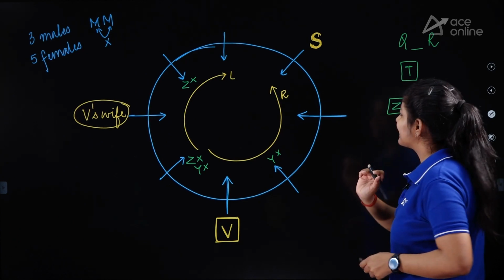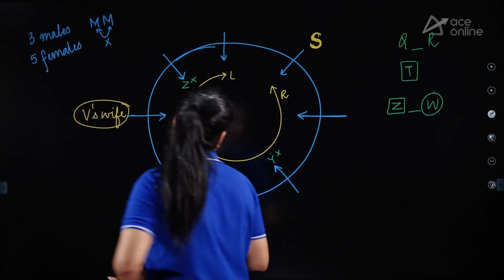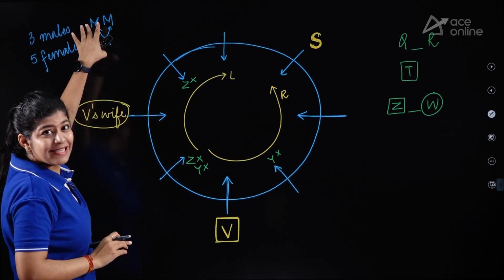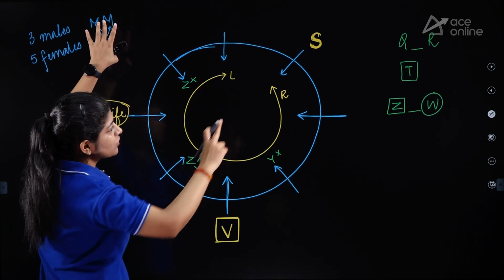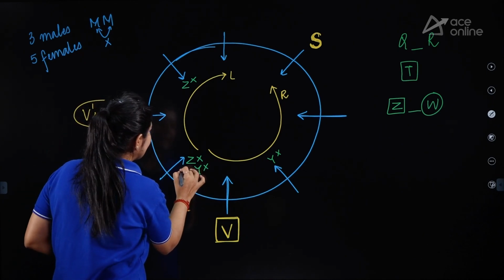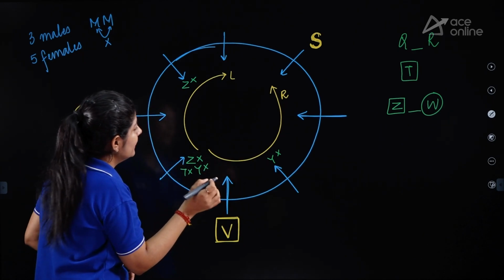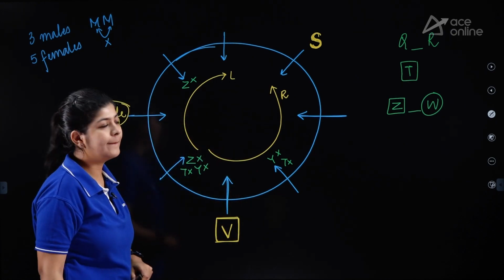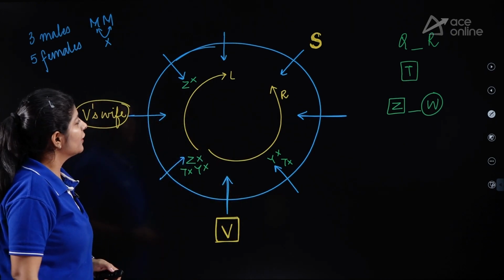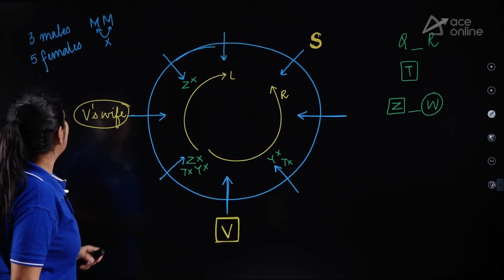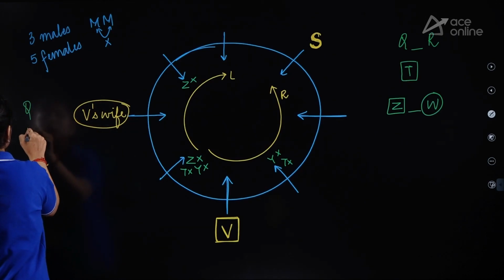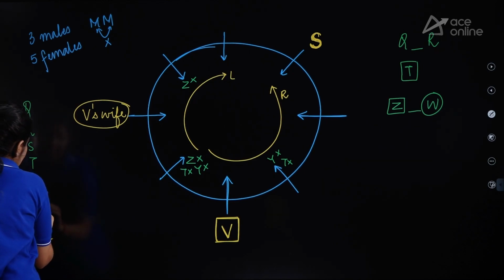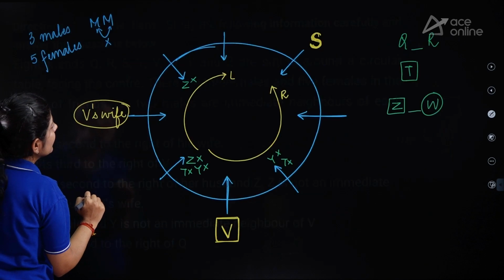Now, as we know that no two males can sit immediate to each other, T can't be placed over here and T can't be placed over here. Is it clear? Okay. So here we have Q, R, S, T, U, V, W, and the last ones Y, Z.